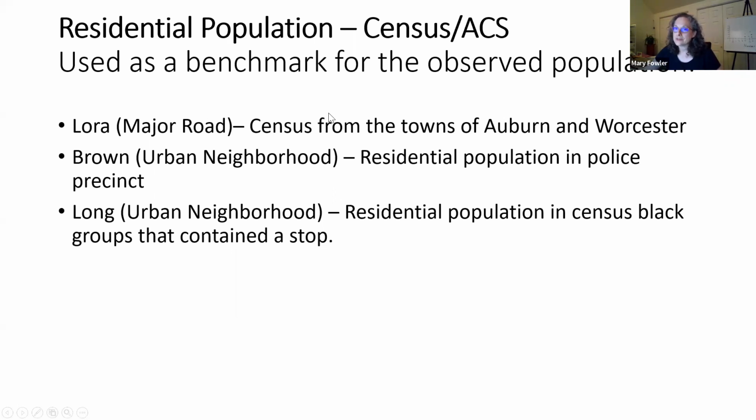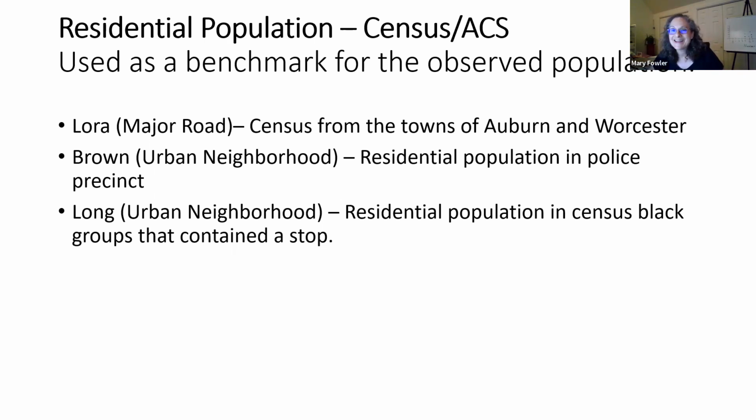The issue with this is that on a major road like 290, there are many people driving from one location to another that really are not included or involved in the residential population in the area. So the Massachusetts court did find that that was not a sufficient way to estimate the observed population on a major road.